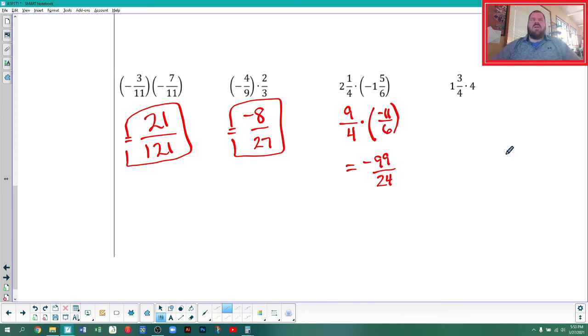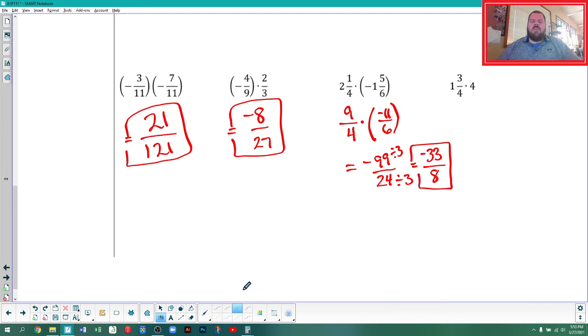Now it turns out that these are both multiples of 3. So I can divide them both by 3. The top becomes negative 33. The bottom becomes 8. And that's as simple as it'll get.